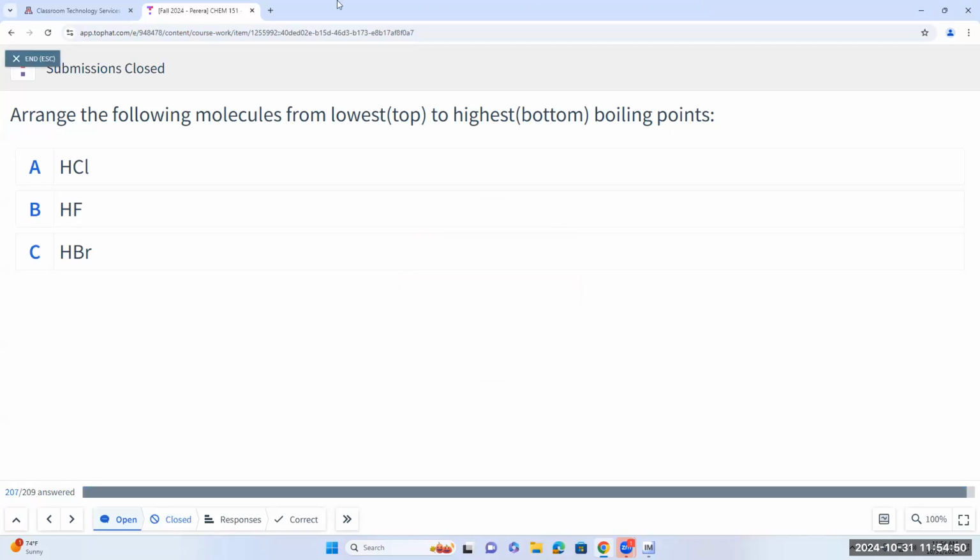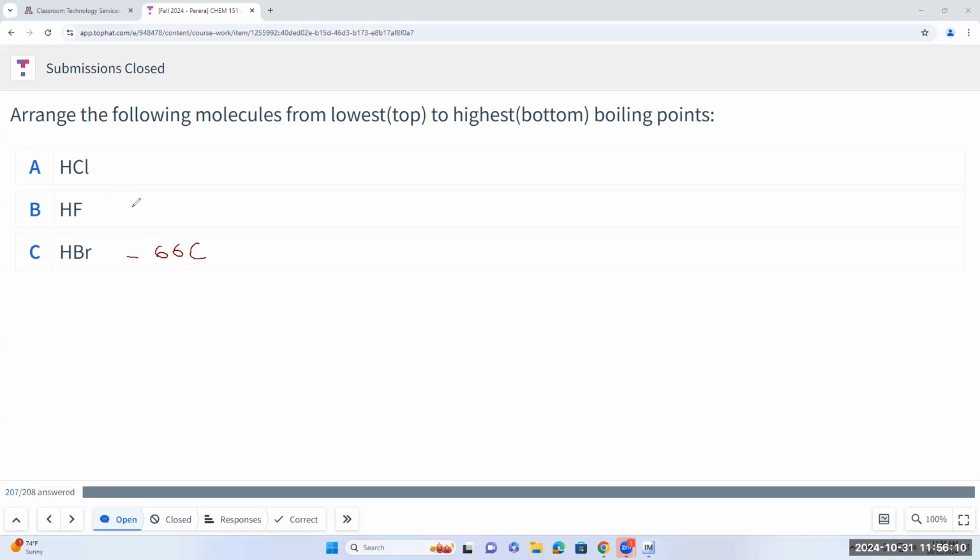All right, so can somebody tell me the boiling point of HBr? Negative 66. Can you check the units again? 66 Fahrenheit. So Celsius. Okay.